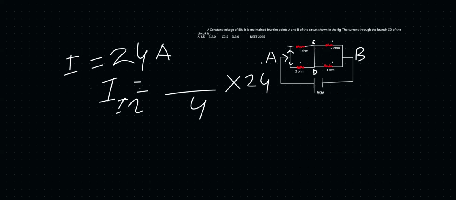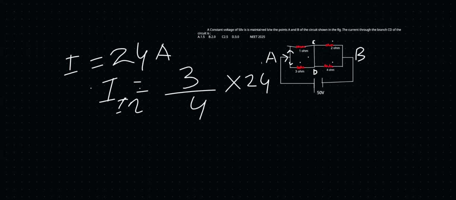No. The blockage by the 3 ohm resistance is 3 times that of the 1 ohm resistance, so the current through the 1 ohm resistance is 3 times that through the other. That's why I'm writing 3 by 4 into 24. I hope this is clear to you.